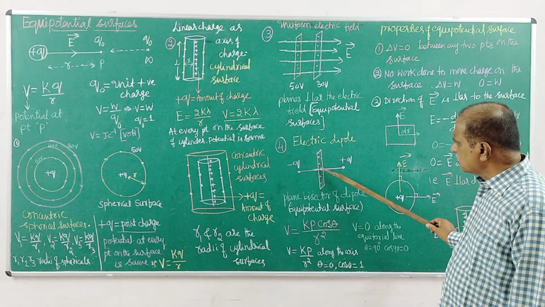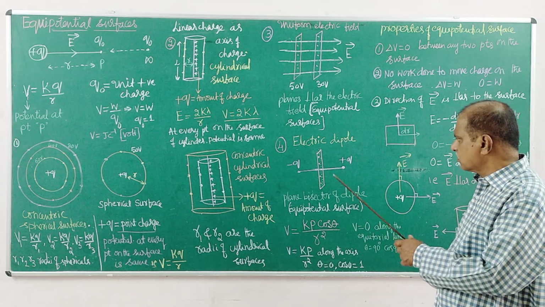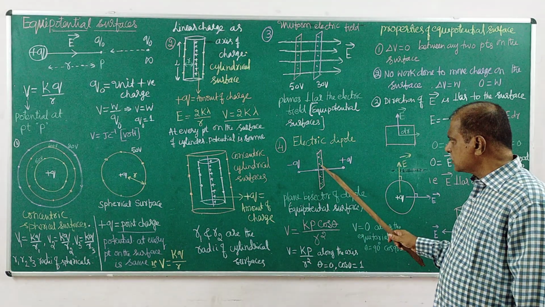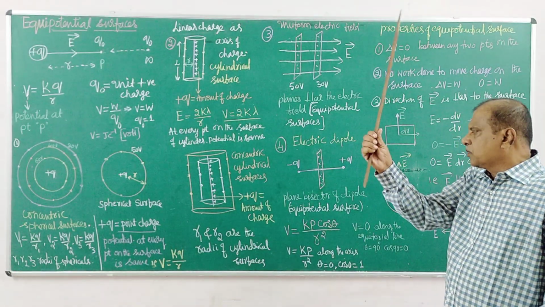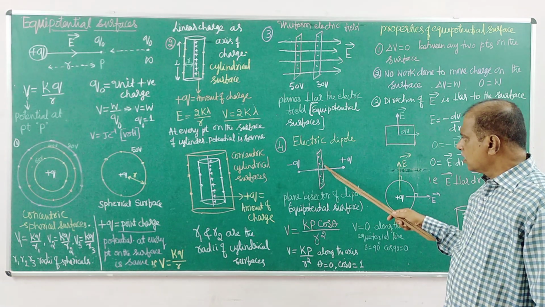Likewise, not only one vertical line, we can draw any number of lines in all different directions, in all possible directions, on a plane like this.